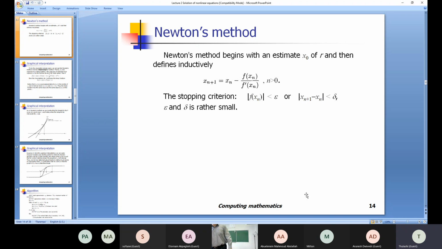And the first method that we considered is the bisection method. And bisection method doesn't require derivative. It requires only function value. And we just compare the signs of a function at left and right point.